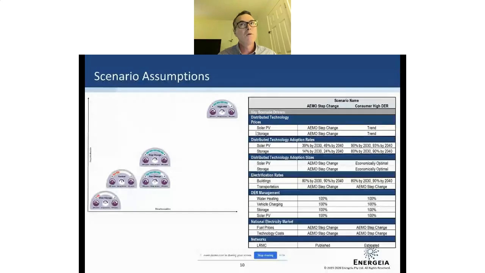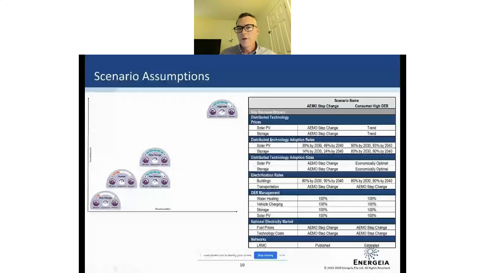And I think AEMO's acknowledgement this year in its draft ISP that the step change scenario is now the planning or the midpoint scenario really is reflective of how much the envelope has shifted. And were we to update this, I think they, being AEMO, have moved closer probably to the high potential here of high DER.